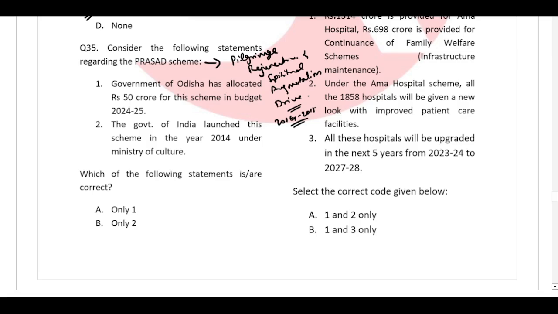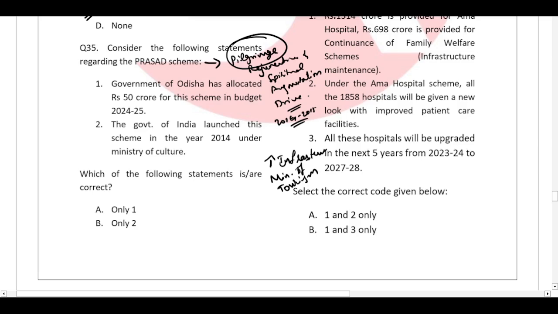So what will happen when people go to various pilgrimage centers? There the infrastructure won't be good. They won't get good toilets or places to rest or places to have a bath. So the government is trying to improve the infrastructure of such pilgrimage centers. That was the main aim of the Prasad scheme, and it was launched by the Ministry of Tourism. It is all linked.